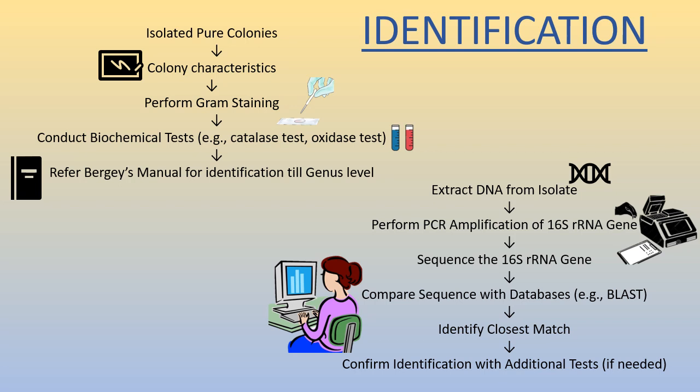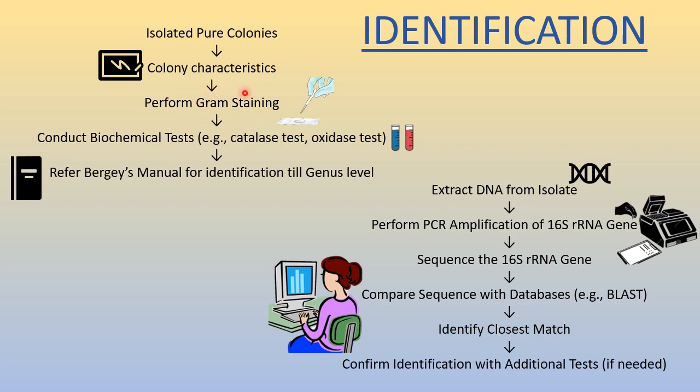Now, for identification, you need to get a fresh 24 to 48 hour culture, or fresh, isolated pure colonies. Then you write down their colony characteristics, you perform gram staining, and you start conducting the biochemical tests.